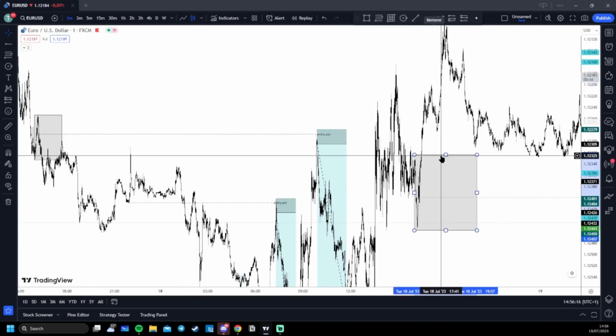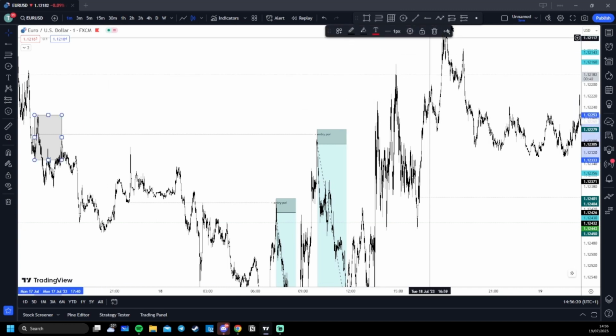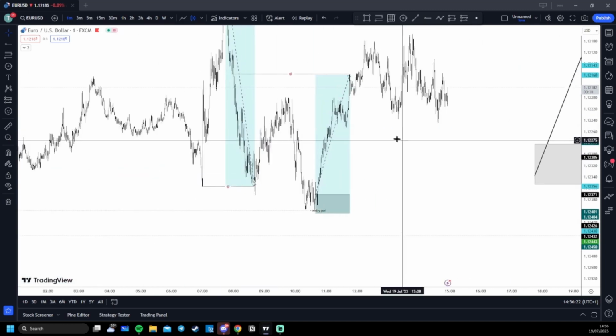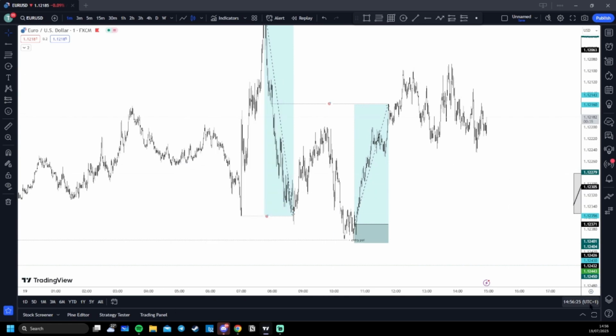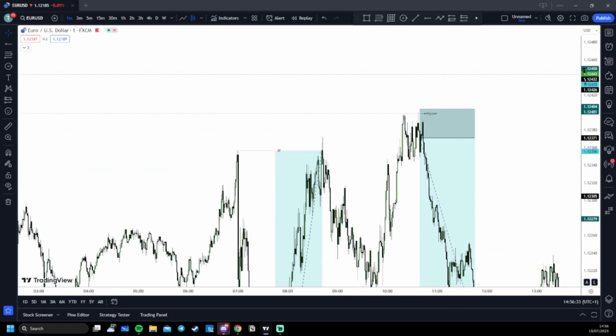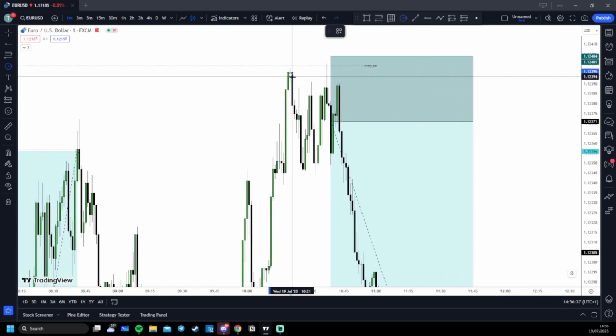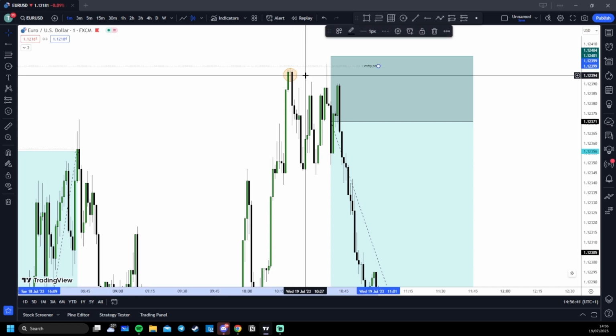But what you were going over on how to avoid the inducements? Because I feel like I get caught in a lot of inducement. This is literally it, because you'll see. Let me invert the scales back. If you refine your order blocks correctly and wait for them to get hit, you won't get caught in inducement. You'll see that this right here is inducement, but it didn't hit my line, so I'm not looking for any sales.